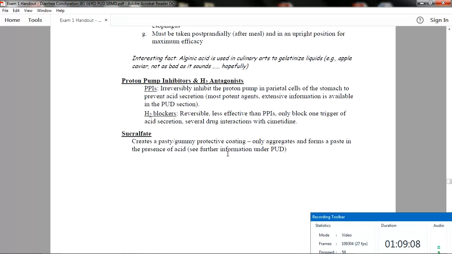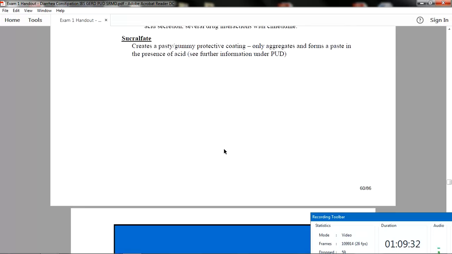And remember, though, sucralfate only really works in acidic conditions, so it really wouldn't work unless the stomach had some acid in it. I find it very interesting. Actually, I think it's probably more common than I realized that it's administered with acid suppression, like a proton pump inhibitor, when in reality it's only going to remain as a powder until it finds acid, and then it's actually activated.